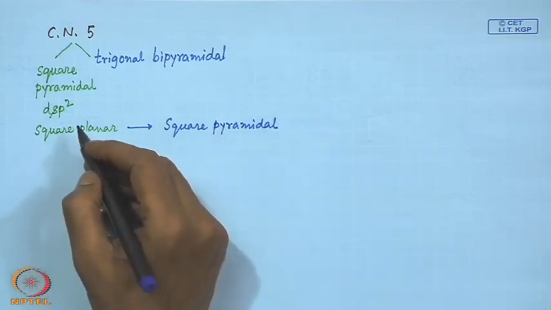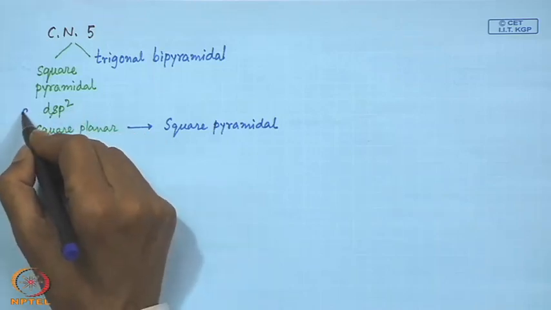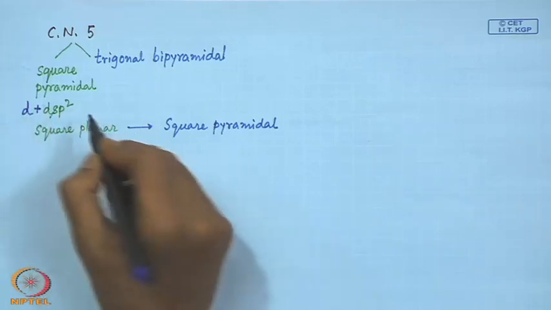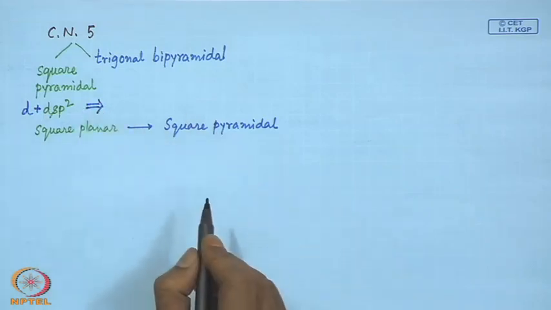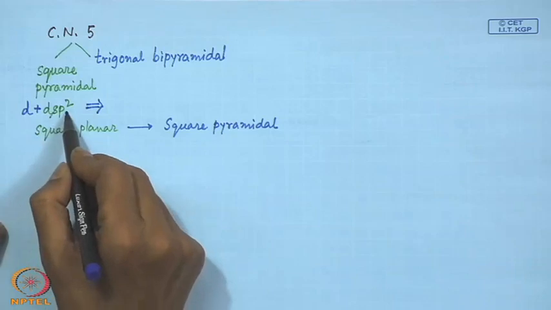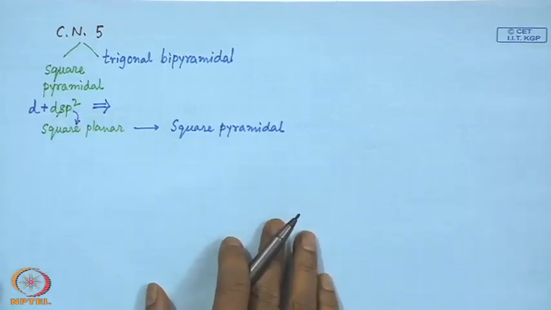So, we put now one extra orbital. So, what orbital will we put now? One d orbital.